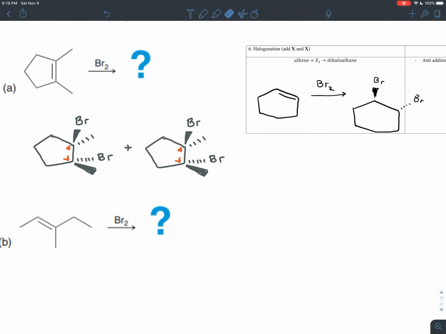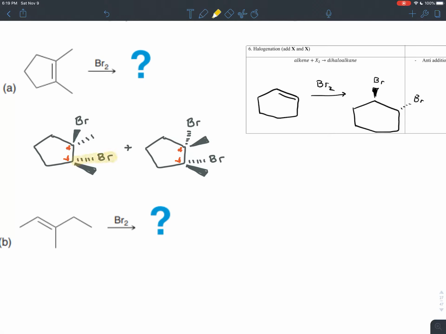Now when you want to get the enantiomers, you switch the configuration of the bonds. So if on the left the bromine is coming out and the methyl group is going away on top, on the right the bromine will be going away and the methyl group coming out on top.